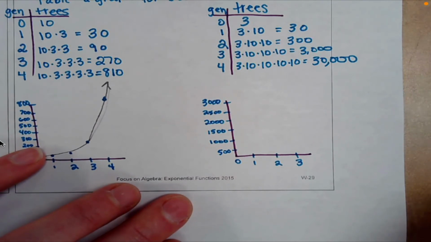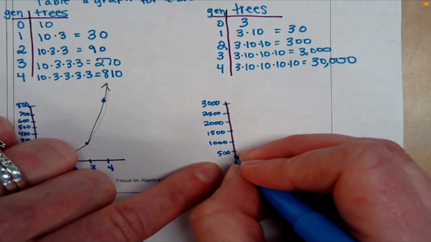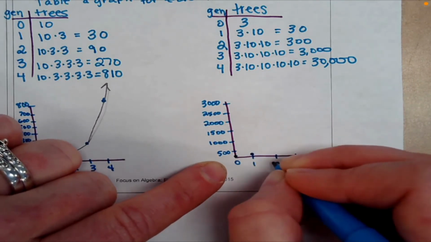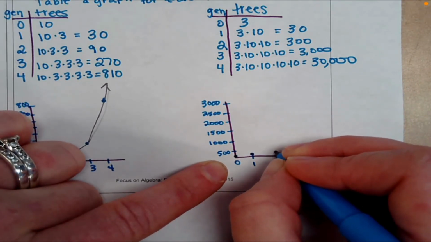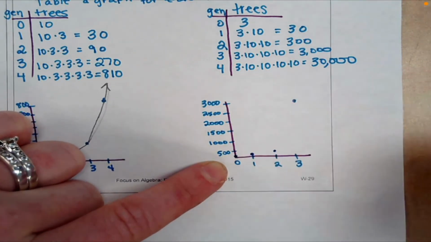That's all I can do. All right, so 0 is with 3. 1 is with 30. So these are down closest to the bottom. Then 300. And then 3,000.